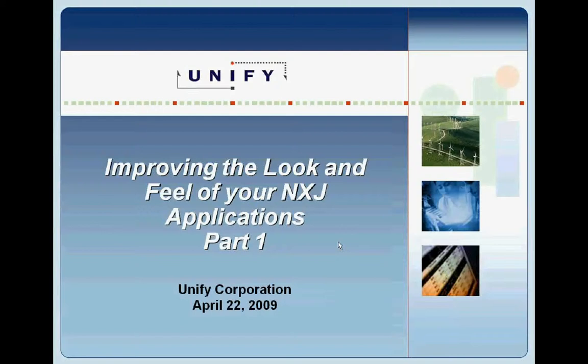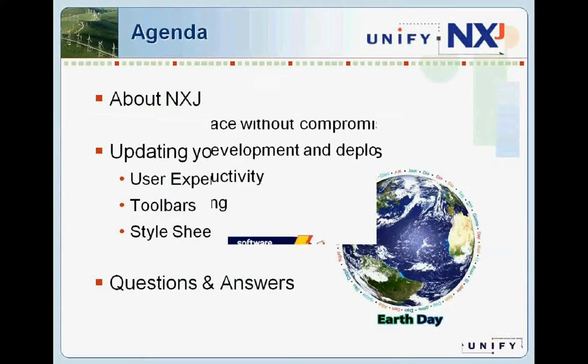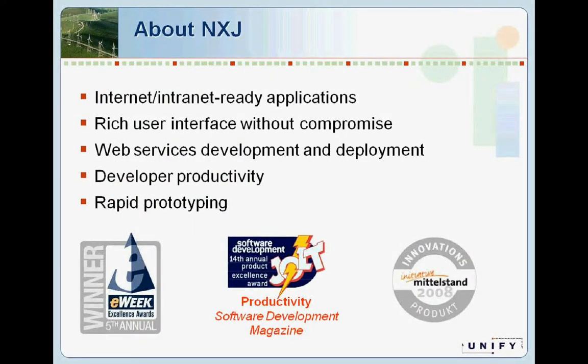And specifically on the product today that you're going to see, NXJ, it is a complete development and deployment environment for building and integrating applications in a service-oriented architecture. It's received industry recognition for its innovative approach and productivity gains that it gives to those business application developers trying to build those complex business applications for the web.